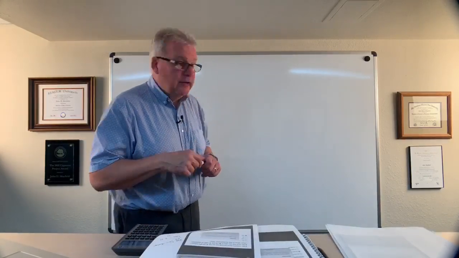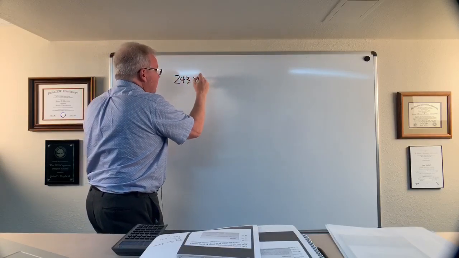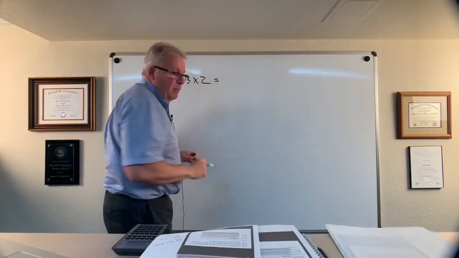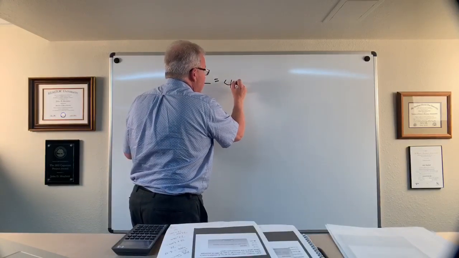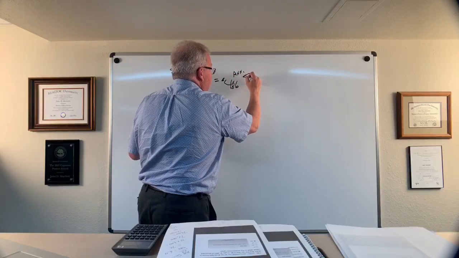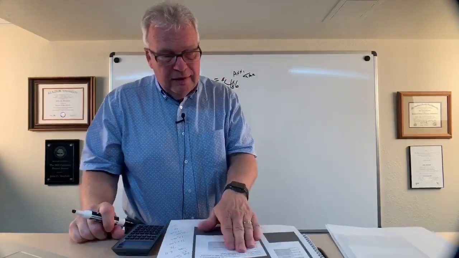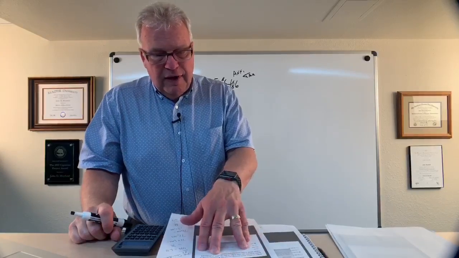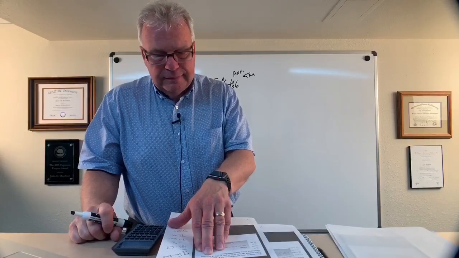Well, you have to take 243 times 2 because this is semi-annual. And when we take 243 times 2, we get $486, and this is the annual tax right here. Now, we've got to work this backwards because it says the tax rate is $6.75 per 1,000 of assessed value.